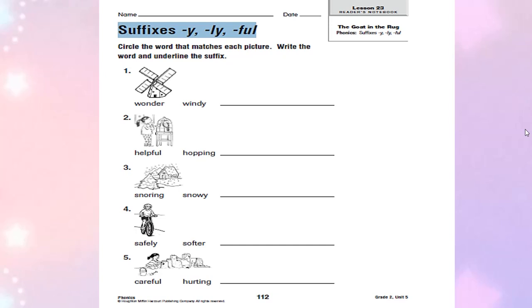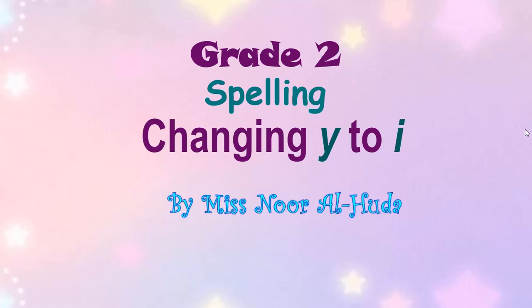That's it. Now let's move on to the second part of our spelling lesson, which is changing Y to I. We talked about this earlier in so many lessons, and one of those lessons was, do you remember? It's our recent grammar lesson, comparative and superlative adjectives.